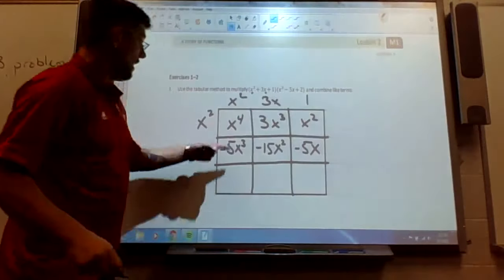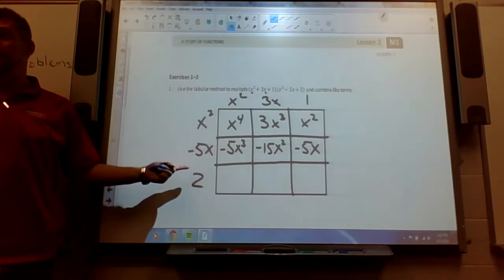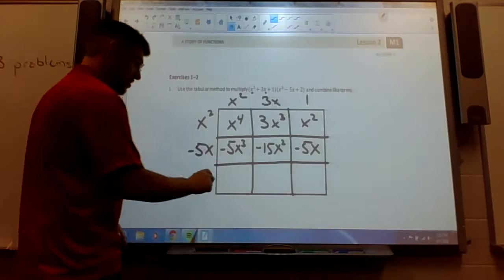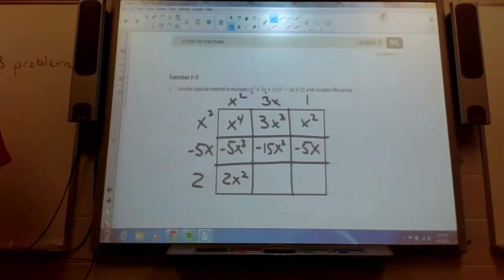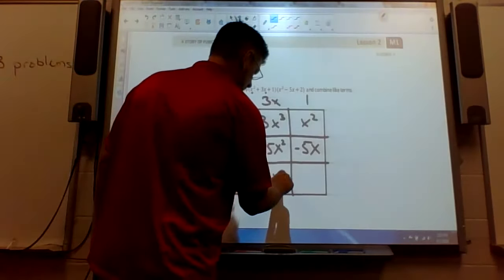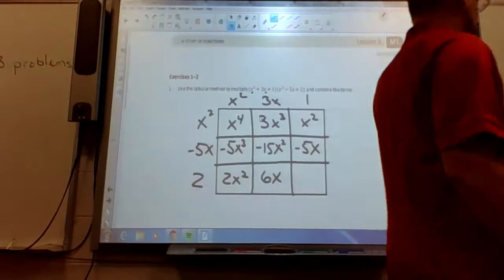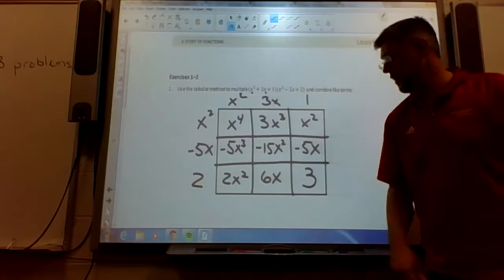Bottom left. Devin. 2x squared. Ethan, bottom center. 6x. Jordan, bottom right. 3. Yes.